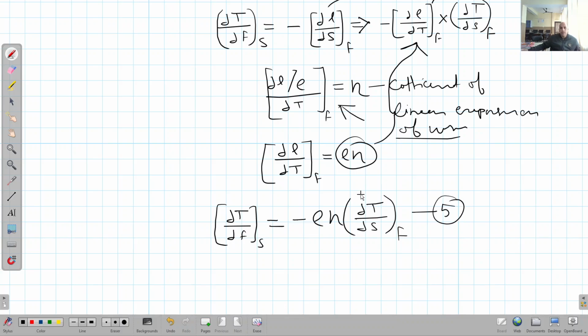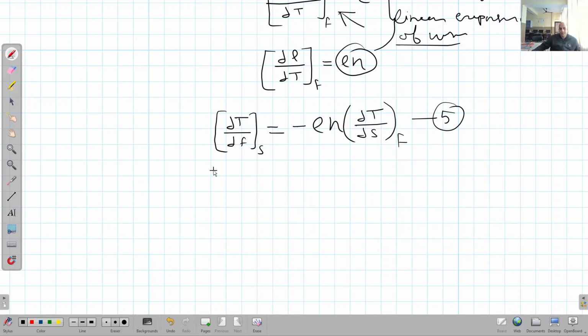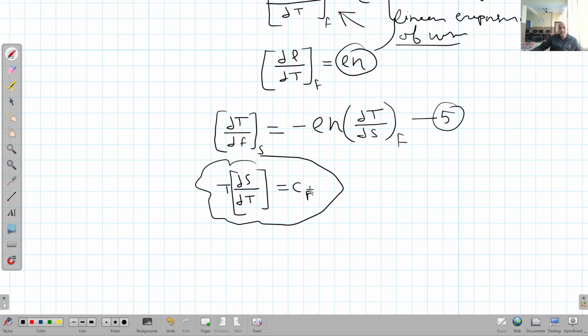Clear? We know very well that (∂S/∂T) into T is equal to Cp. This is again from the knowledge of thermodynamics. Cp is specific heat at constant pressure, defined as T into (∂S/∂T) at constant pressure.